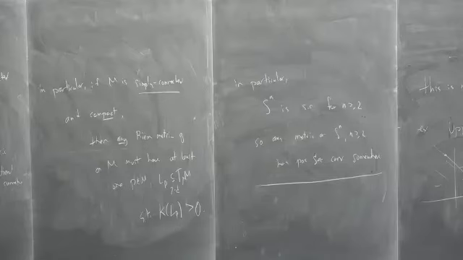Then we're going to prove that if the metric is complete and we have a local diffeomorphism between two manifolds, well, I'm not going to write it down, but under some technical hypotheses, you can conclude that a map between two manifolds is actually a covering map.